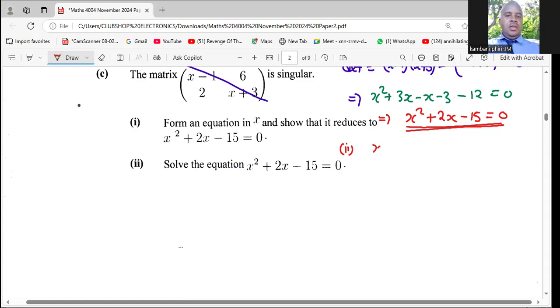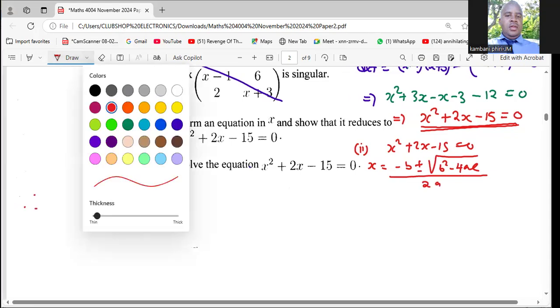So to solve x squared plus 2x minus 15 equals 0, you can use any method, but we can use the quadratic formula: negative b plus or minus the square root of b squared minus 4ac, divided by 2a. What is important here is to identify the constants.